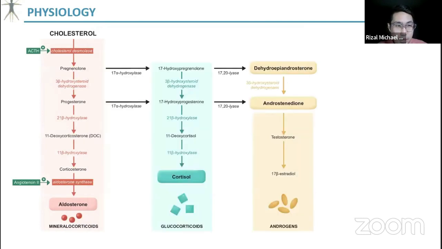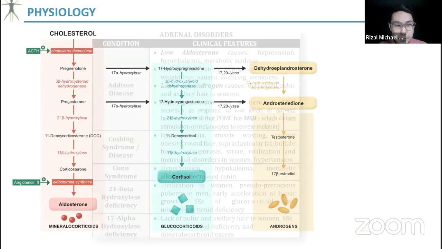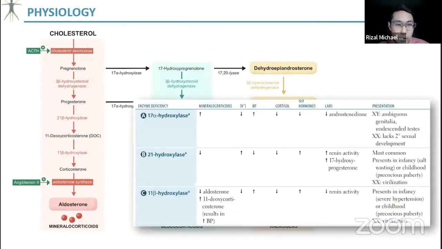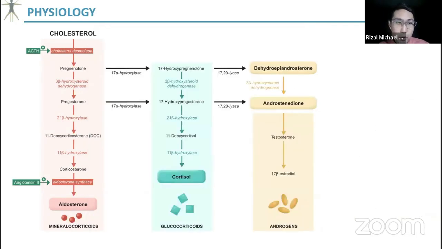Okay, so this one naman is your adrenal cortex, right? The mineralocorticoids, glucocorticoids, and yung iyong androgens. Okay. So I'd like to point out here briefly lang, no? So for this part, guys, you have to know yung enzymes kasi alpha hydroxy.